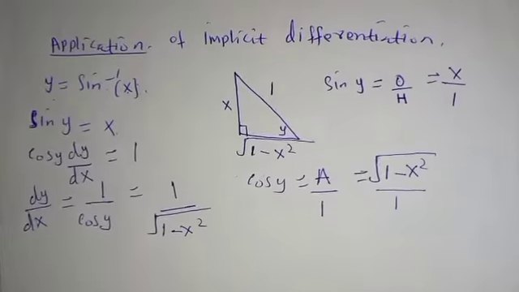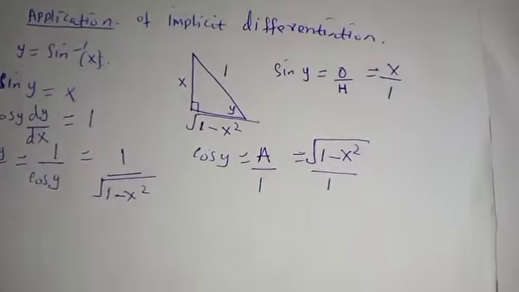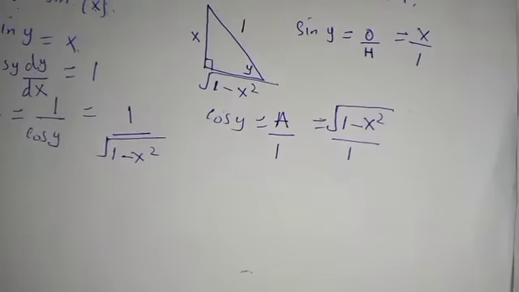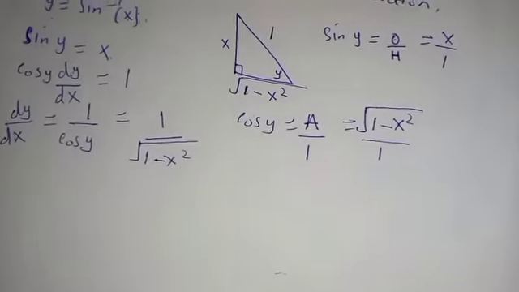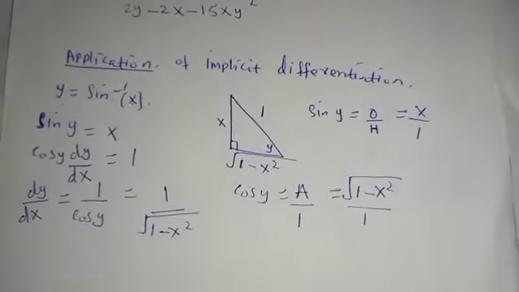It is as simple as that. Provided you follow the rule, you obtain your answer with ease, as we have done there. Our next consideration will be exponential differentiation. So stay tuned.